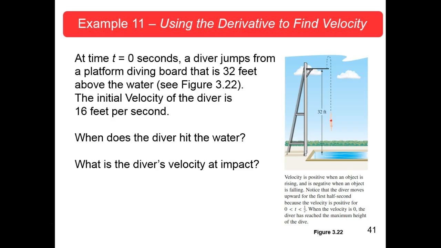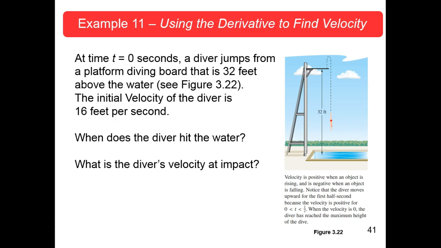At time t equals 0 seconds, a diver jumps, now doesn't fall, but jumps from a platform, a diving board 32 feet above the water. Because he is jumping, there is an initial velocity, and that's upward, 16 feet per second.